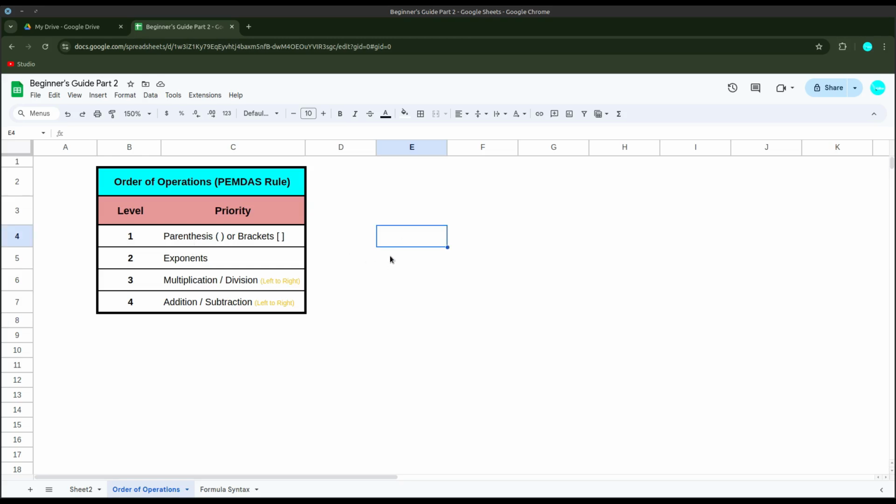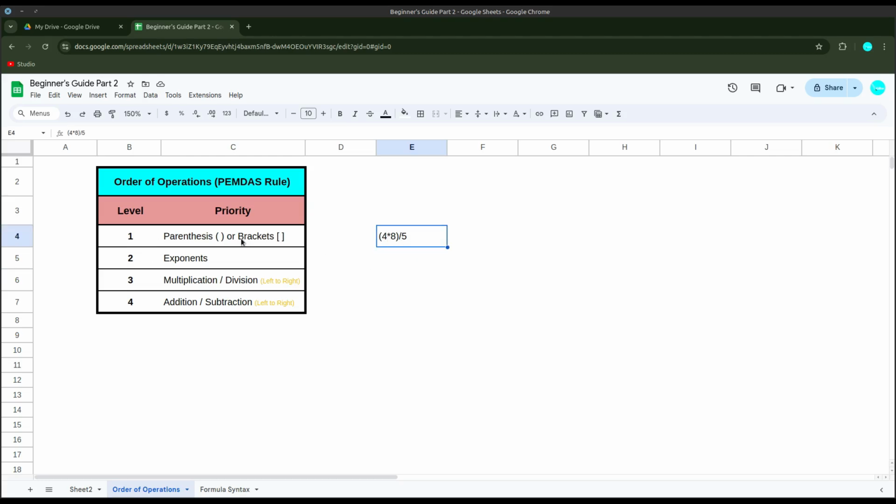If some numbers are written inside parentheses, like 4 times 8 in parentheses, divided by 5, these numbers inside the parentheses form a group, and first we have to calculate within this group. After we have the outcome from the parentheses, we can continue with the remainder of the equation.